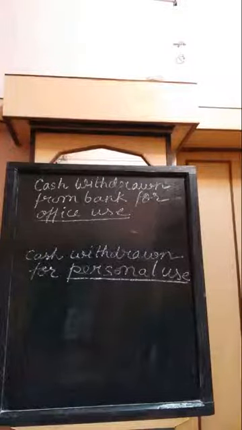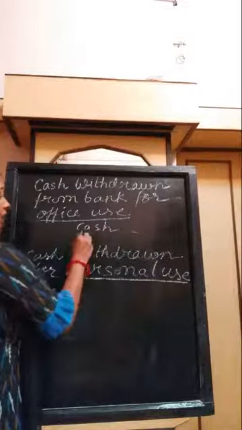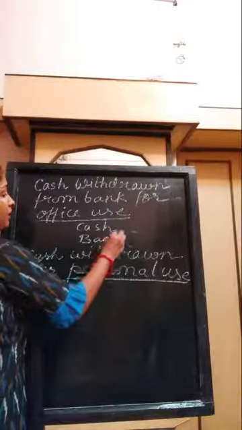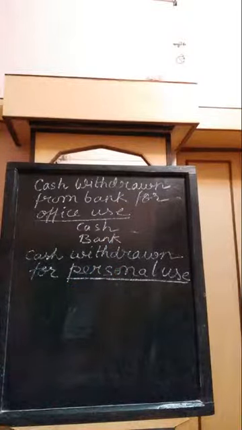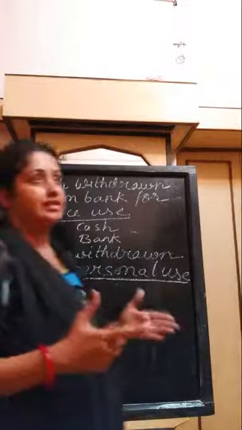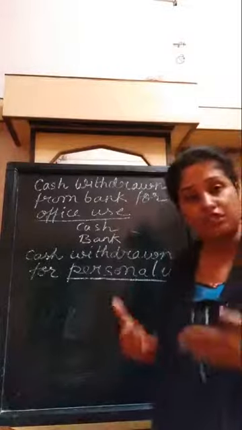Cash withdrawn from bank. Here the two accounts involved are cash and bank. If you have clearly followed my last class, there I taught you one transaction, that is cash deposited into bank.